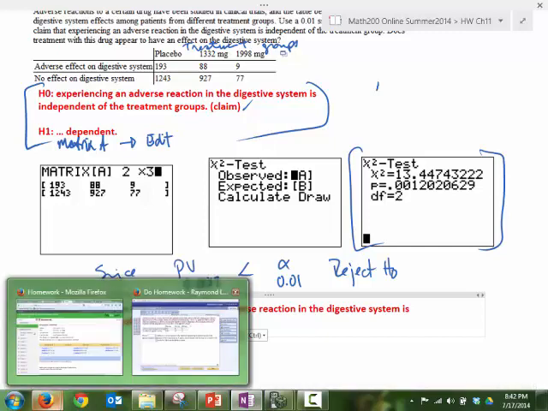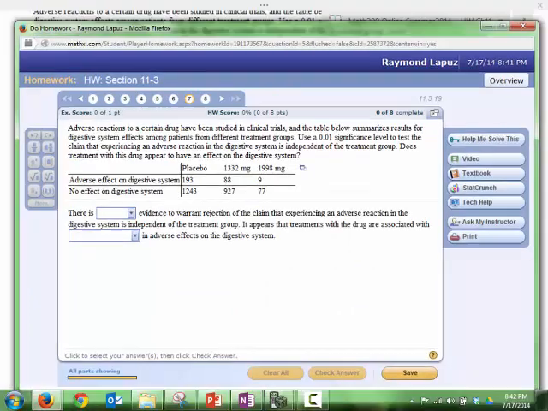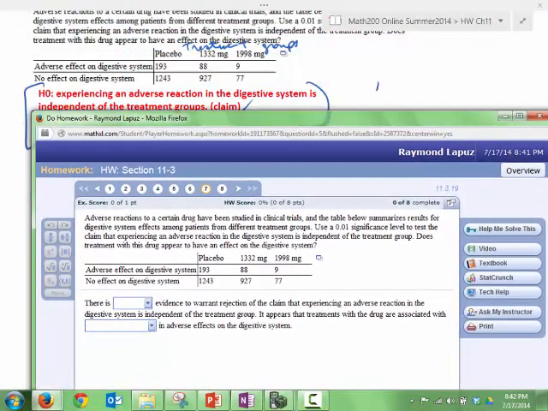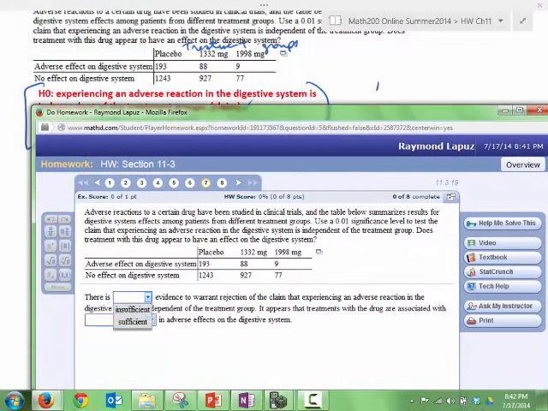All right, let's see if we can answer the question that's here. There is sufficient evidence to warrant the rejection of the claim that an adverse reaction in the digestive system is independent of the treatment group. So it appears the treatment groups of drugs are associated with, so now we kind of have to look at this. There's an adverse effect.